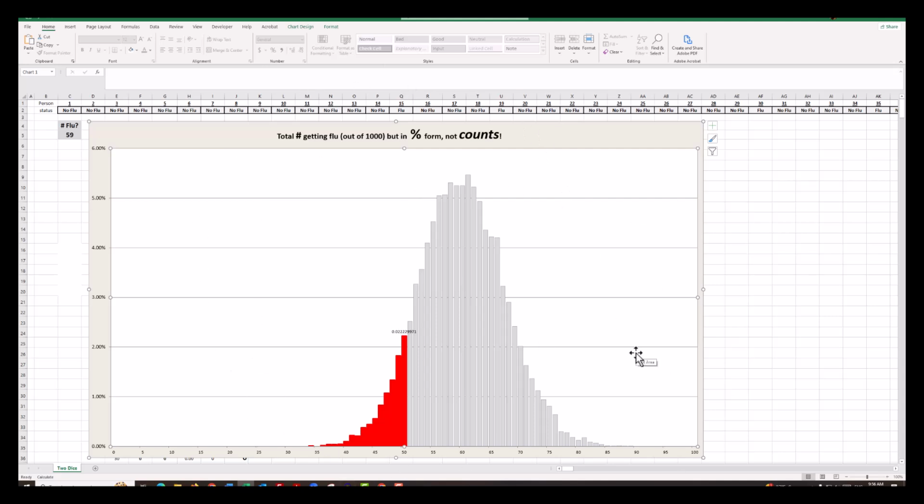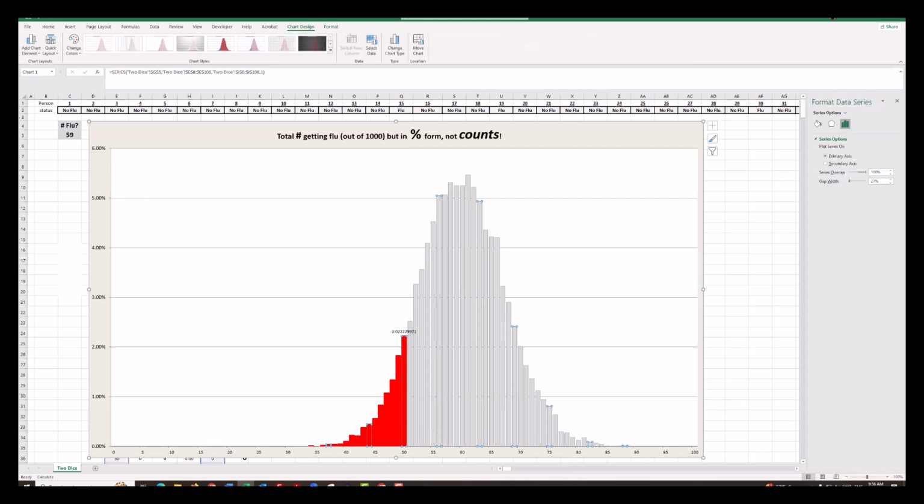But even those most common, modal probabilities, there are so many of them that they individually have to be small so that they sum up to 100%. Since you've got so many possibilities, each of those individual bars has to have a very, very small probability to make sure they add up to 100%.